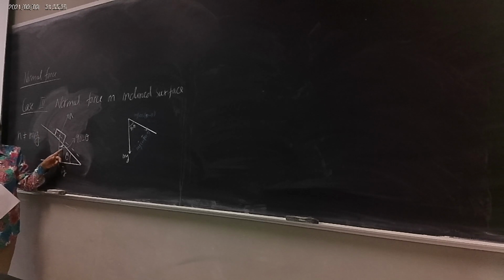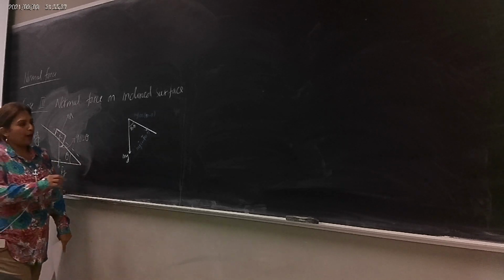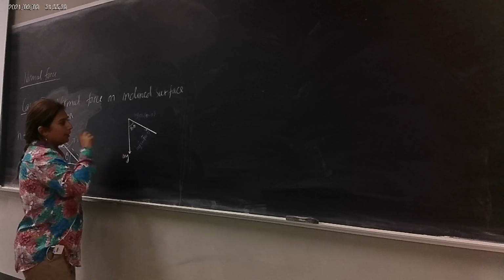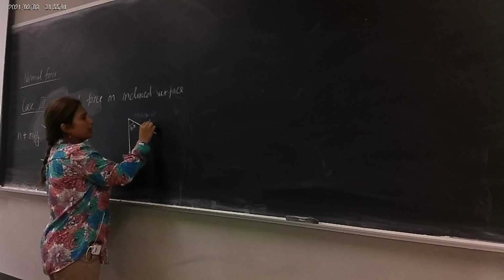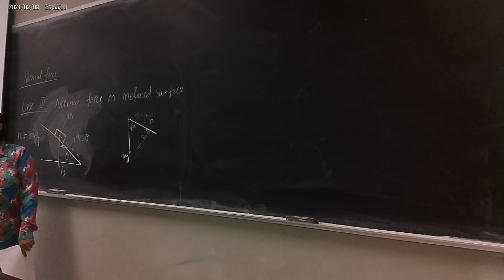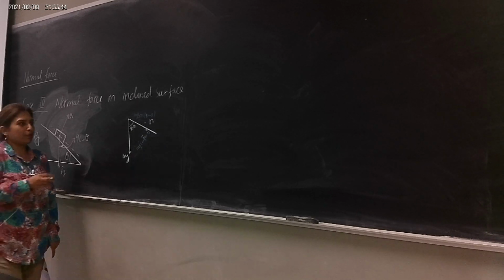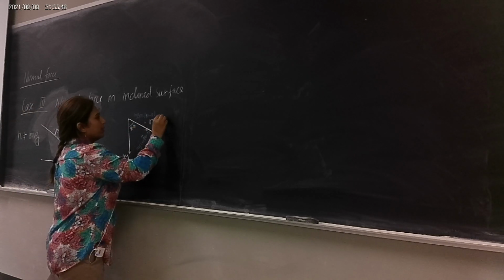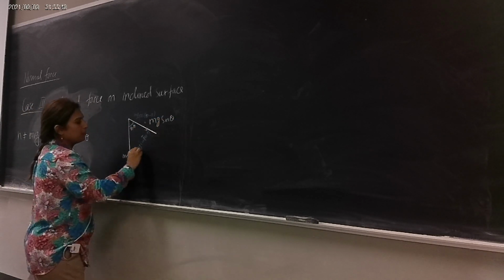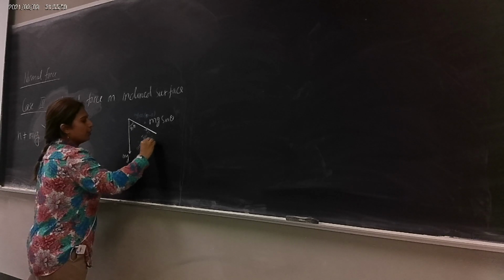My horizontal is here, with which mg is making angle 90 minus theta, and then I divide this mg into its components. This becomes cosine of 90 minus theta. I hope everybody knows it is equal to what? Sine of theta, correct? 90 minus theta, sine changes. So mg sine theta, and this becomes mg cosine of theta.